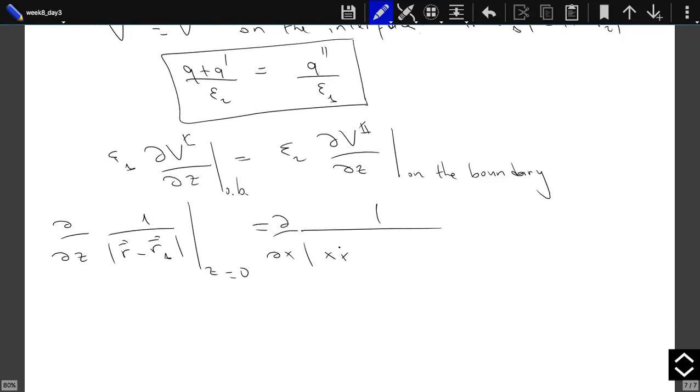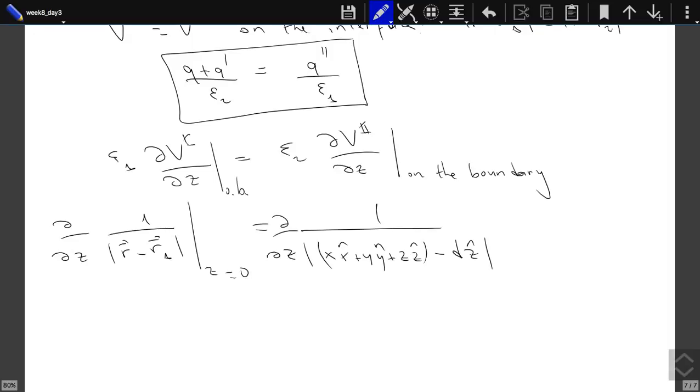R is X in the X hat plus Y in the Y hat plus Z in the Z hat. R minus R1 is just D in the Z hat. Sorry, that's the Z derivative, not X. I'm just taking some arbitrary point. I will be evaluating the potential at an arbitrary point.